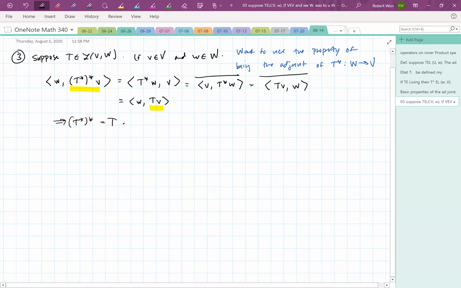Okay, so that may be a little bit tricky. Okay, 4 was about showing that the adjoint of the identity is the identity. So let's see. So 4. Since now we're taking an operator, let's take u and v to both be in v.